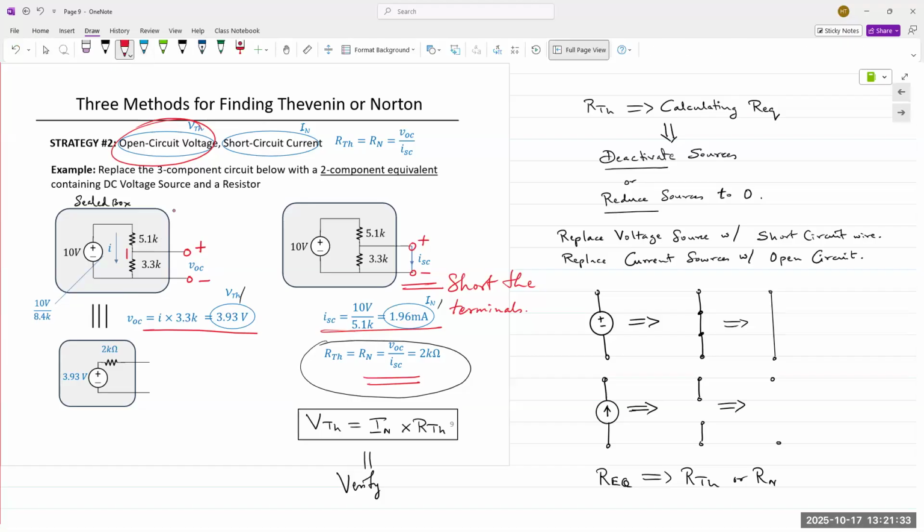Does everybody see that? Right? Because those 2 points are in parallel. So if you're trying to measure the open circuit voltage at the output terminals, effectively what we're doing is trying to measure the voltage across that 3.3 kilo ohm resistor. And we can find that value by applying Ohm's law. It's a series circuit. Current flows in this direction.